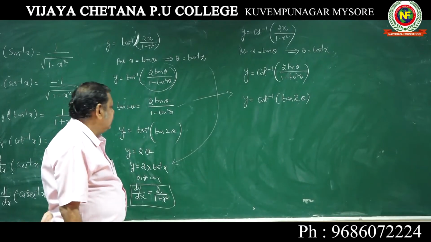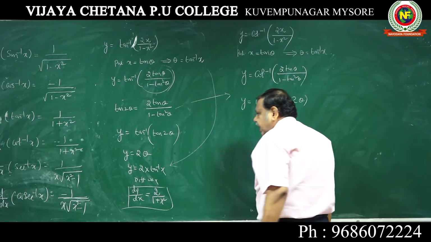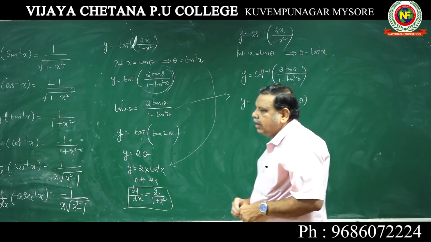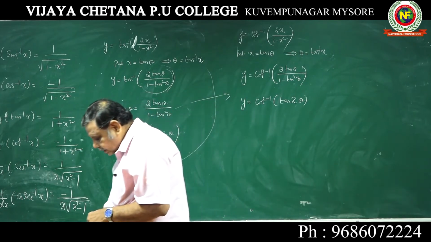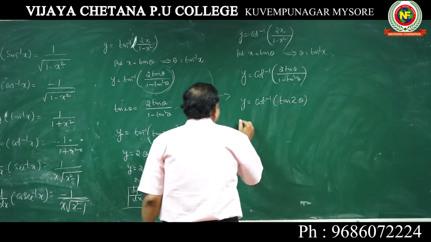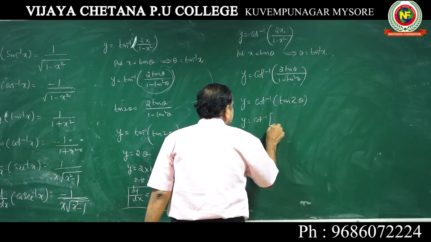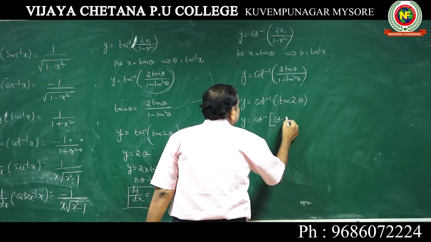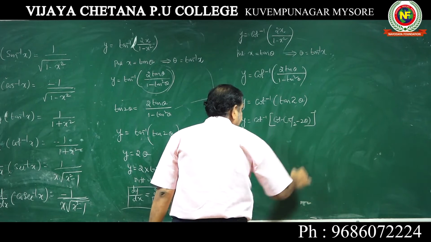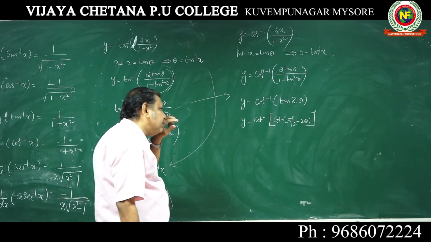Here the difference between here and here: it is tan inverse tan 2 theta, you wrote directly 2 theta, but here it is cot inverse tan 2 theta. You should convert tan also into cot, a complementary angle I told you. So what you should do is y is equal to cot inverse cot of pi by 2 minus 2 theta.